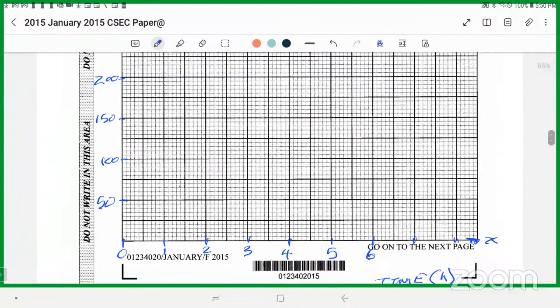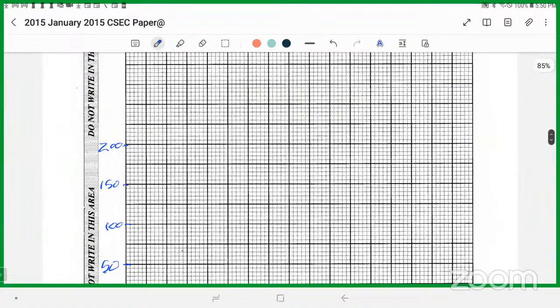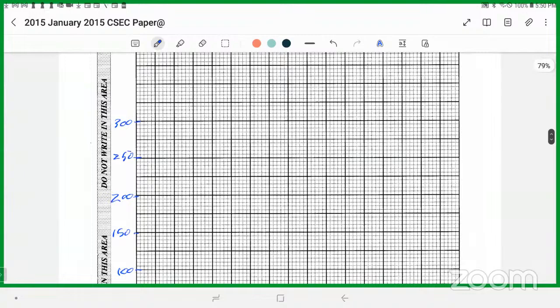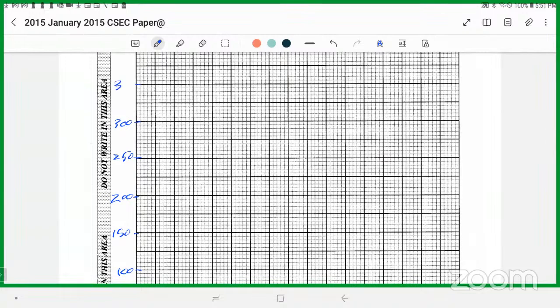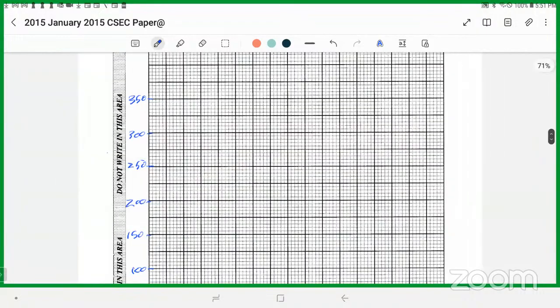Then 2 centimeters again, another 50 is $250. 2 centimeters here is $300. And then 2 centimeters here is $350. And I think we don't need to go any further.